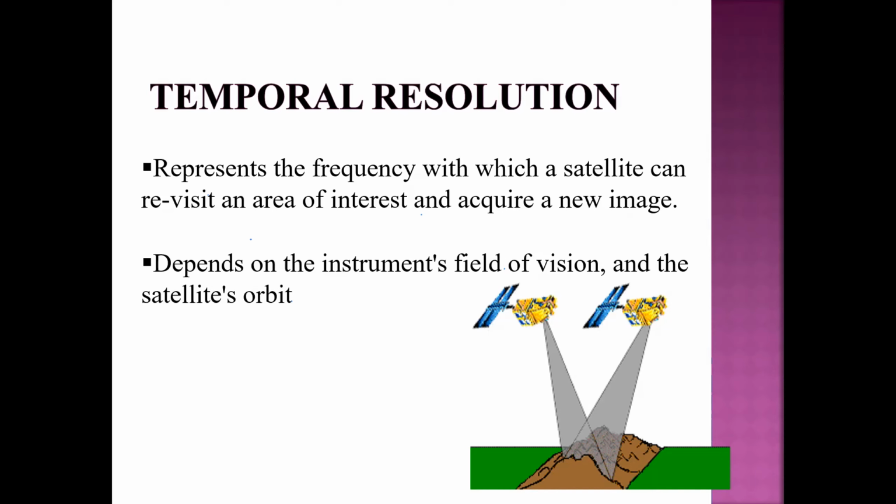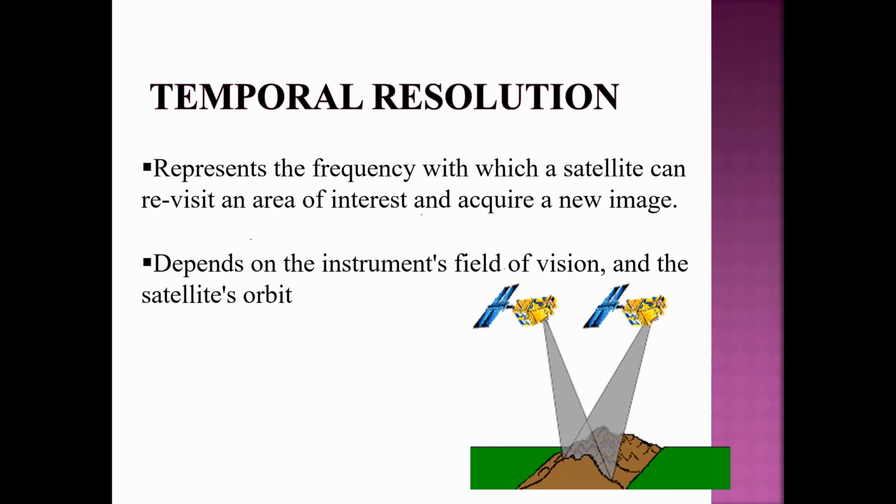Today one satellite is covering this area, and another day the same satellite is covering the same area. So it will give different images of that place if anything has changed. That is the temporal resolution.